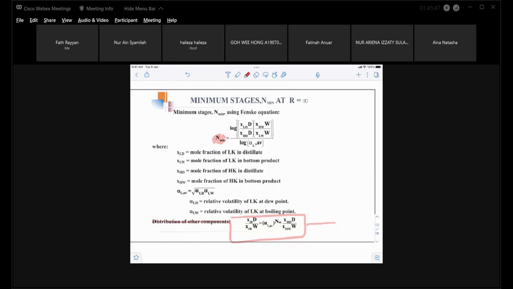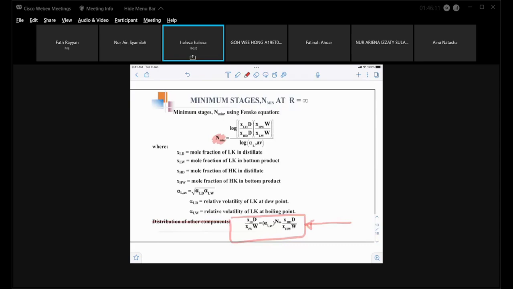This is when you need to check your assumption. When you assume that all of component A will be in the distillate and all of component B will be in the bottom product, this is when you will know what composition is actually in your bottom product and what composition is actually in the distillate.